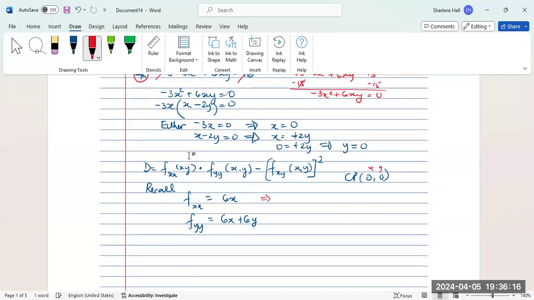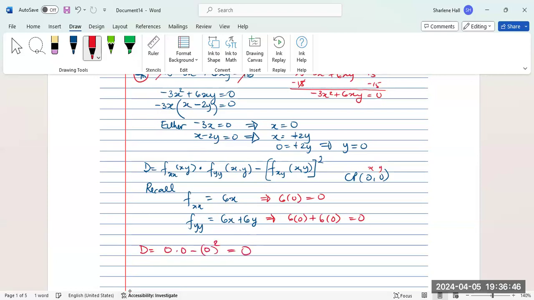When I substitute 6 times 0, I'm going to get 0. When I substitute 6 times 0 plus 6 times 0, I'm going to get 0. Follow me? Yes, sir, following. So therefore, D is going to be equal to 0 times 0 minus 0 squared, which equals 0.